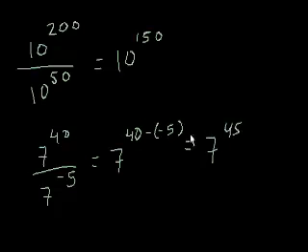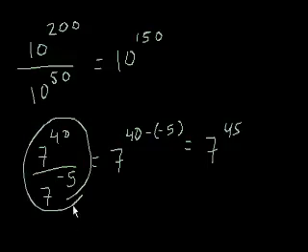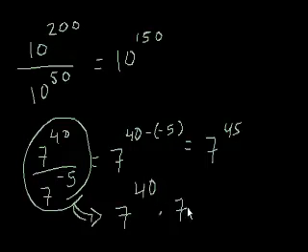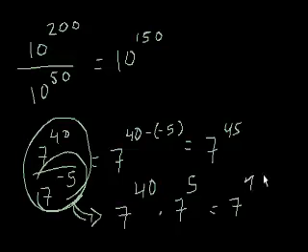And I want you to think about that. Does that make sense? Well, we could have rewritten this equation as 7 to the 40th times 7 to the 5th, right? We could have taken this 1 over 7 to the negative 5 and turned it into 7 to the 5th. And that would also just be 7 to the 45. So the second exponent rule I just taught you actually is no different than that first one.